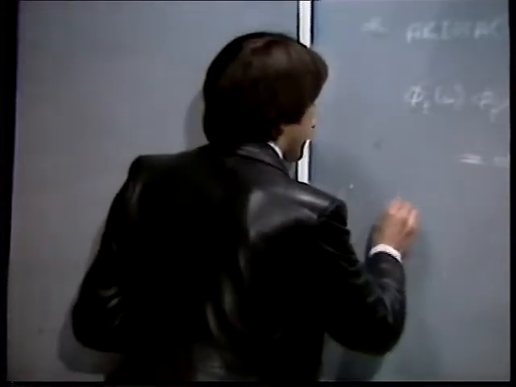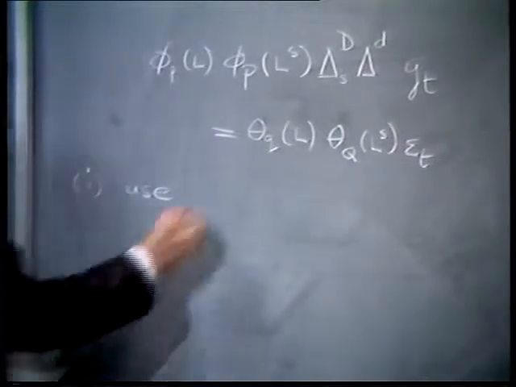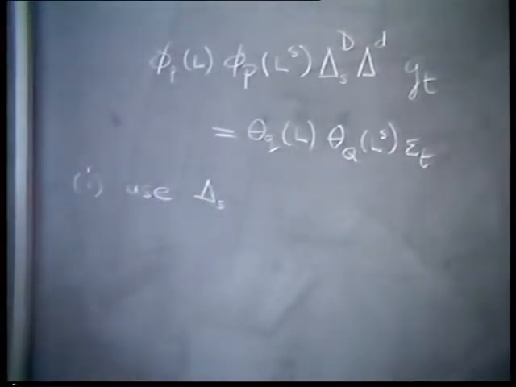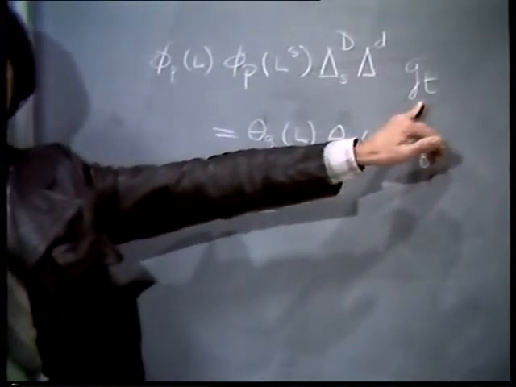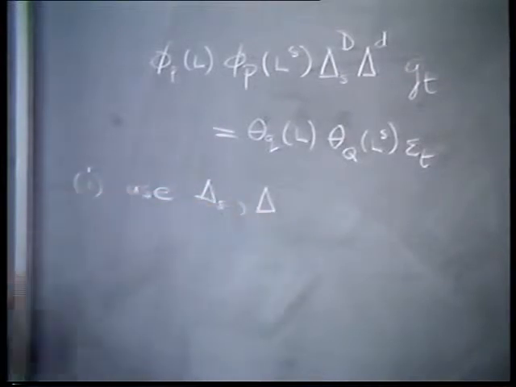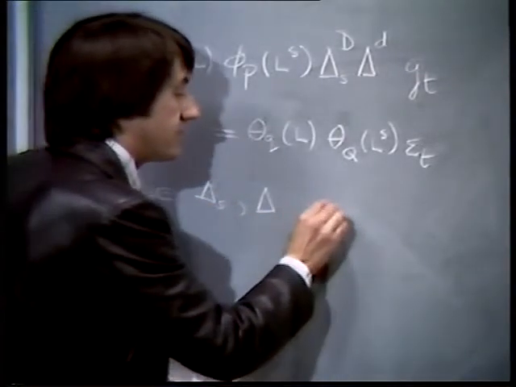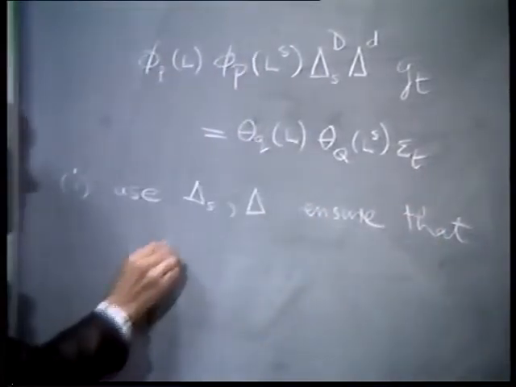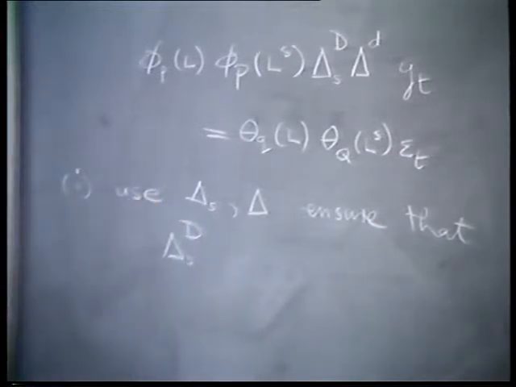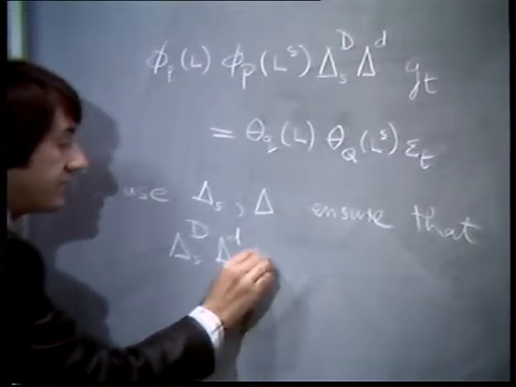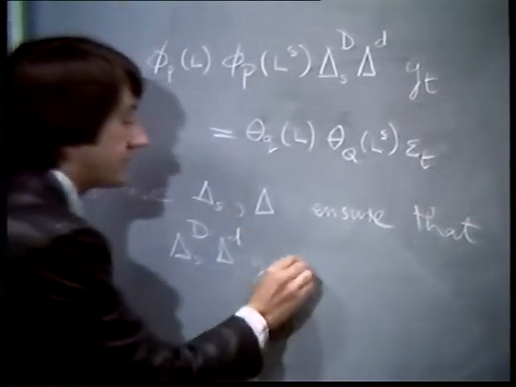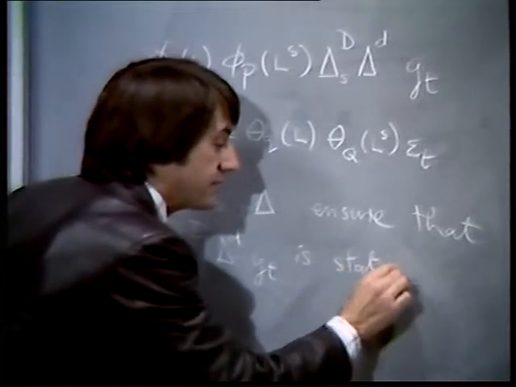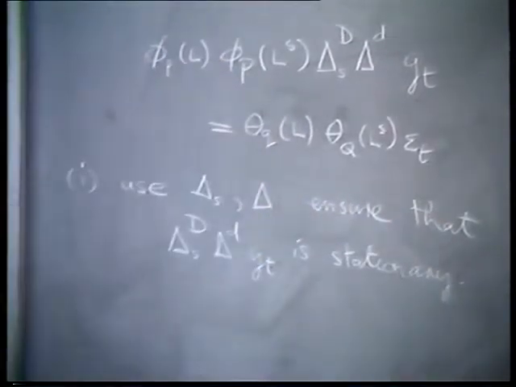And first of all, you would use delta S, the seasonal difference, and the straightforward first difference to render the original observed series yt stationary. So we use these differences to ensure that the resulting variable, which will be delta S to the capital D, delta to the small d, yt, is stationary as far as we can tell.